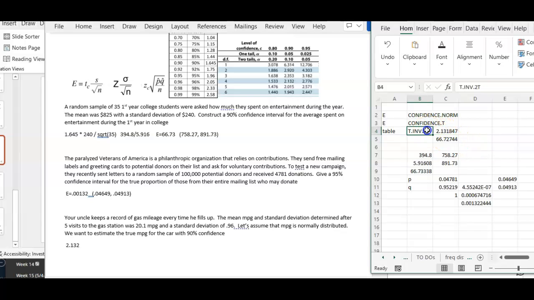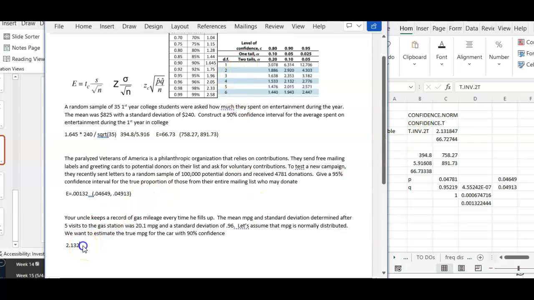So you can use this in Excel, or we can use the table, and we get our critical value of 2.132, and we multiply that by the standard deviation, which is 0.96, and we divide that by the square root of our sample size, which is 5, so the square root of 5.